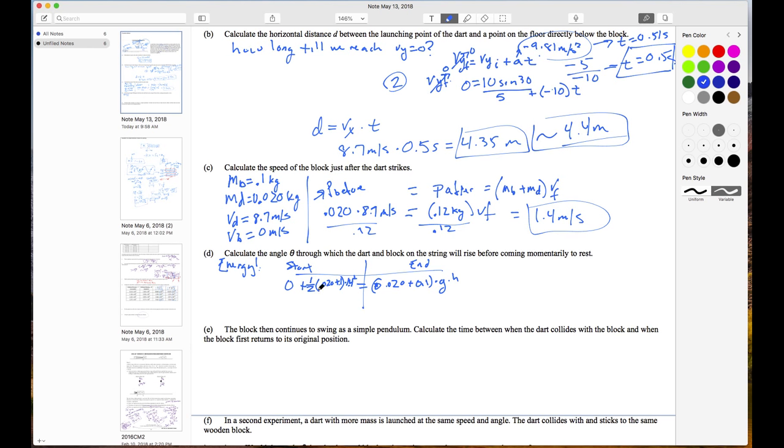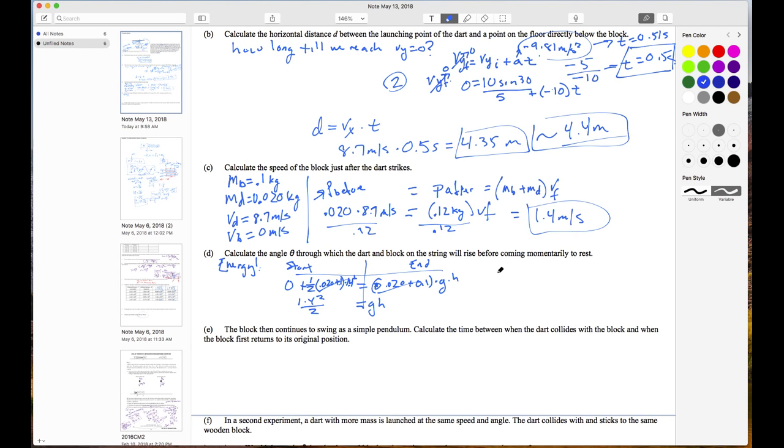Well, the nice thing is that the masses cancel out, and so I'm left with 1.4 squared over 2 equals gh.